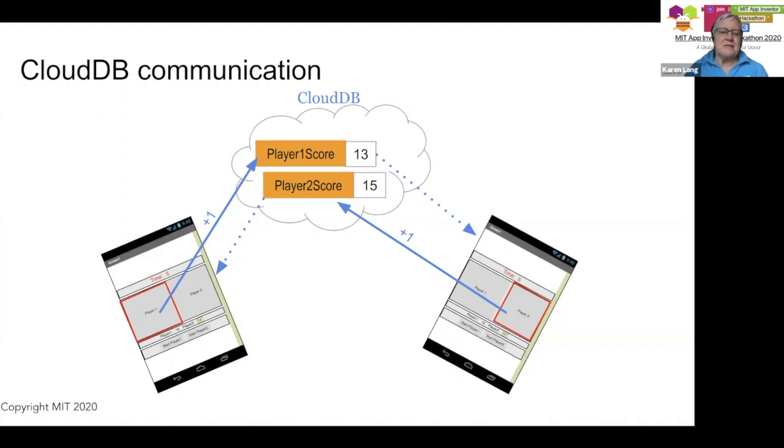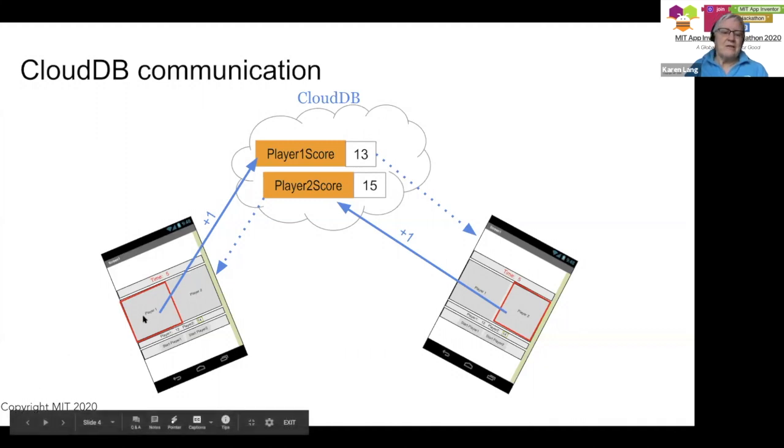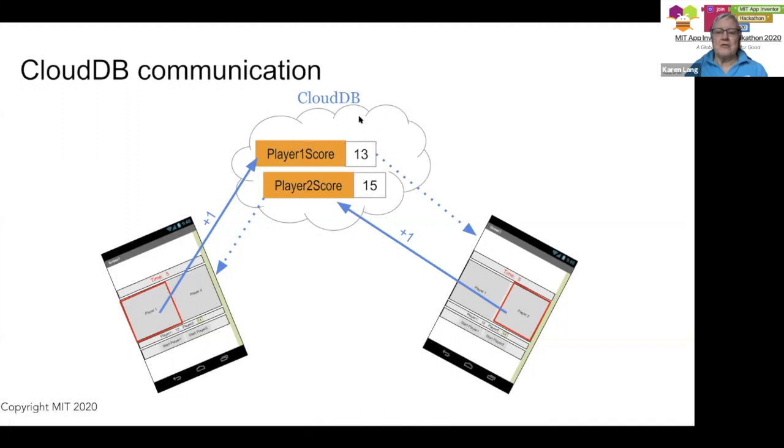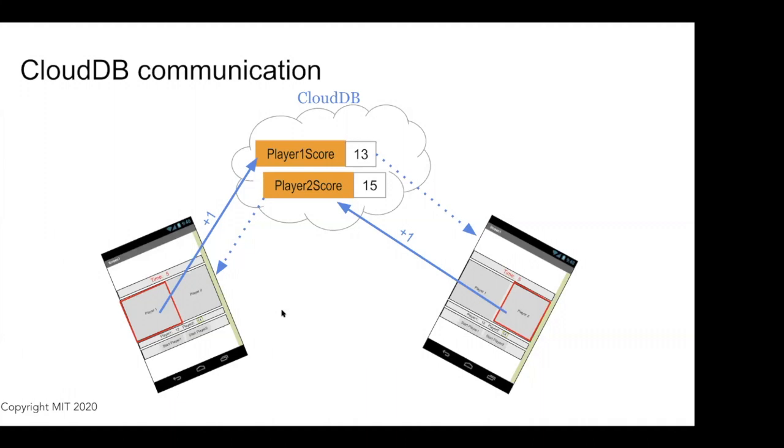When player 1 taps, it increases the score by 1, and then it goes up into the cloud, and that gets sent to player 2. Likewise, when player 2 does it, their score gets updated and also updated on player 1's phone or tablet. So very immediately, or almost immediately, you can share information between multiple people all using the same app.